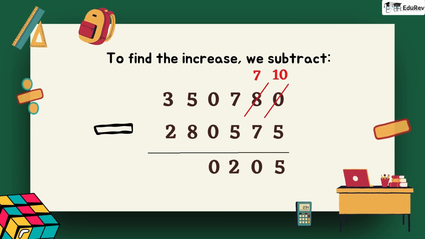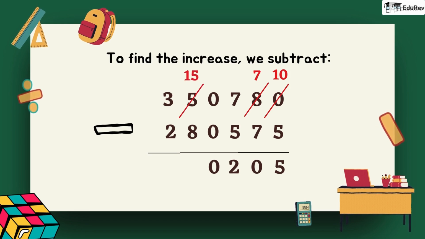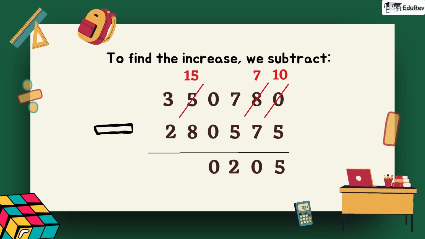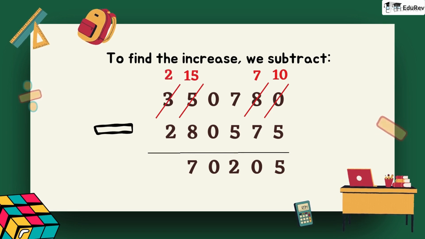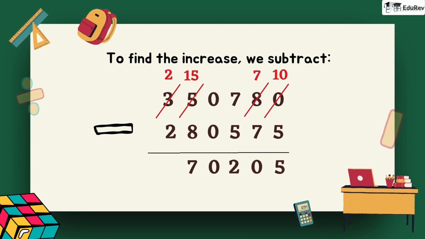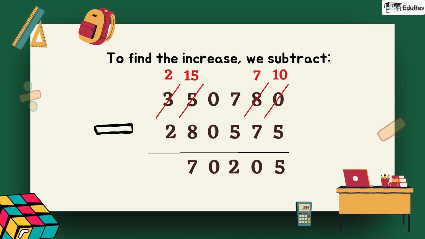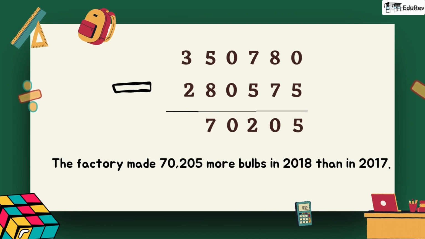Now, since 5 is smaller than 8, it borrows 1 from 3 and becomes 15 itself. 15 minus 8 is 7. At the end, 3 becomes 2 as it borrowed 1 to 5. Now, 2 minus 2 becomes 0. The answer is 70,205. The factory made 70,205 more bulbs in 2018 than in 2017.